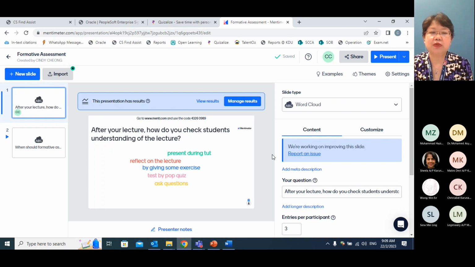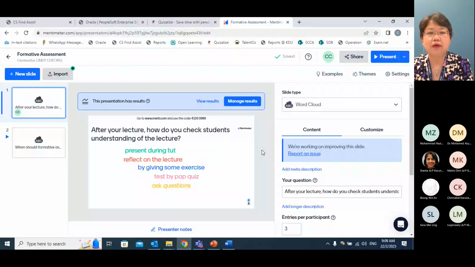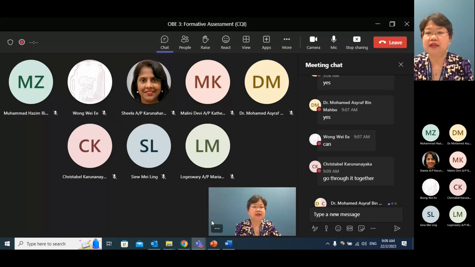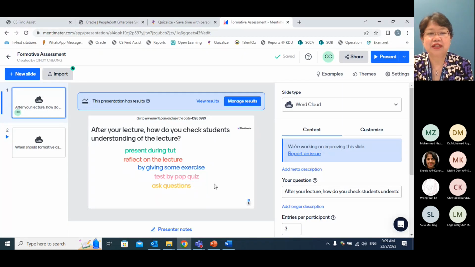And one response was giving some exercises. So if we do give exercises to students, do we get them to hand in their exercise, then you mark and return to them? Or do you ask them to do the exercise, and after that, go through the answers together with them? Go through it together. All right, that will save a lot of time marking, right? Okay, all right, test by pop quiz, ask questions, reflect on the lecture.